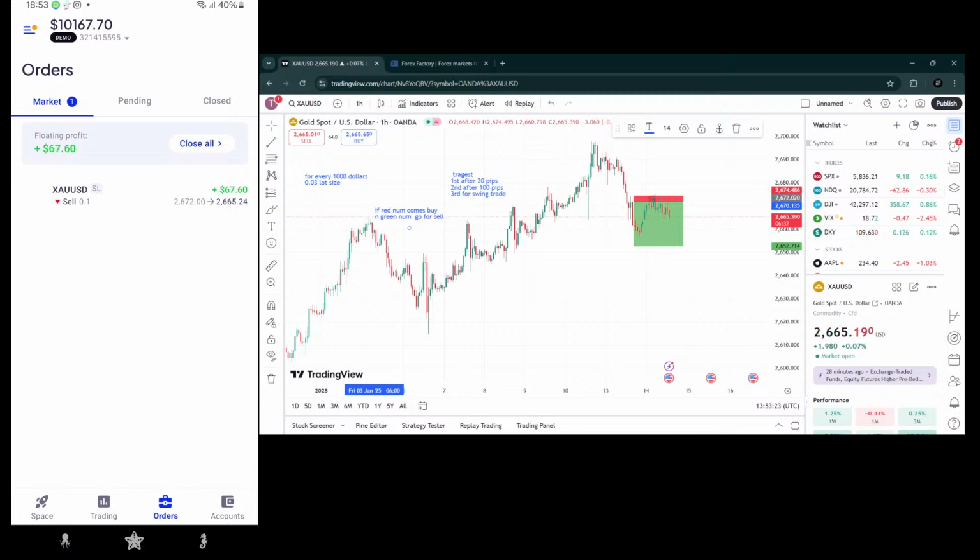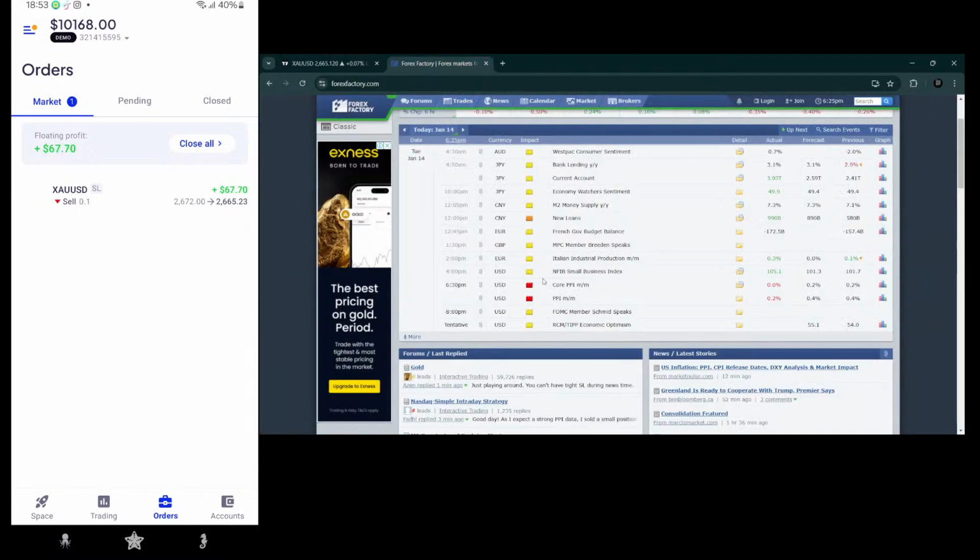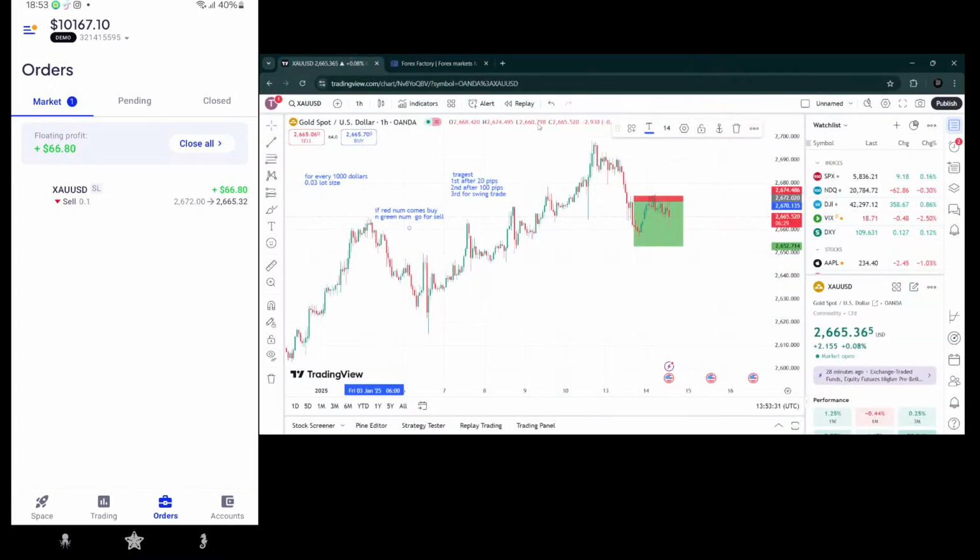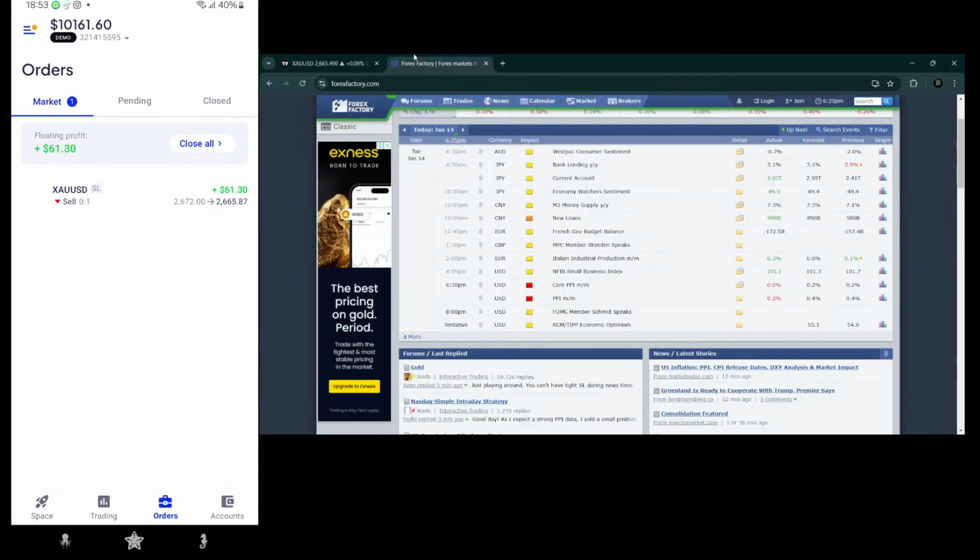And as you can see, I forgot to tell you, like I told you, if these numbers are in red, the market should go on the upside. But as I have written here also, this is a manipulation game for them. You can't rely on anything here.